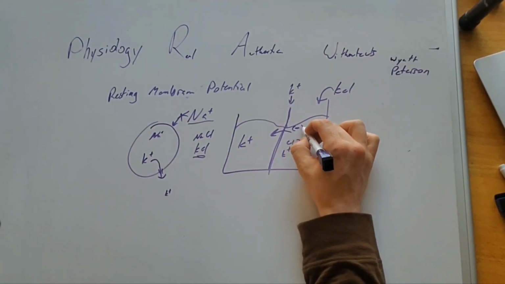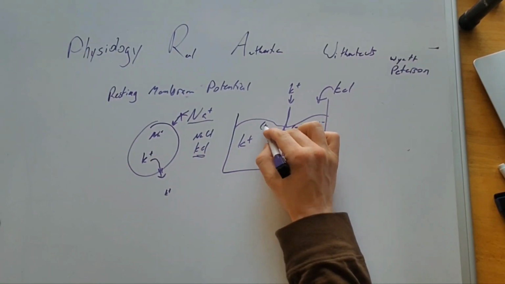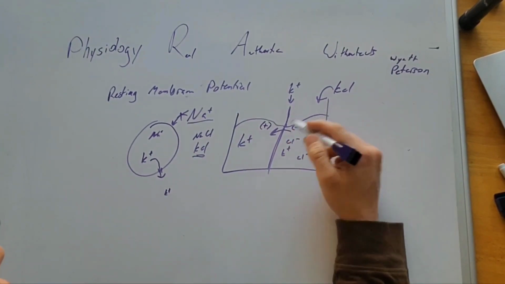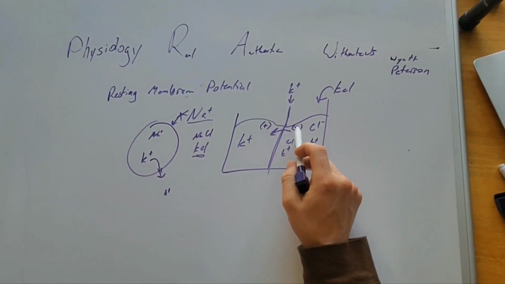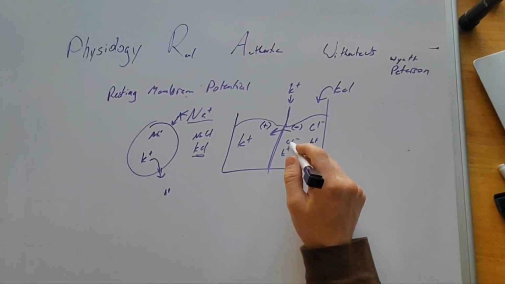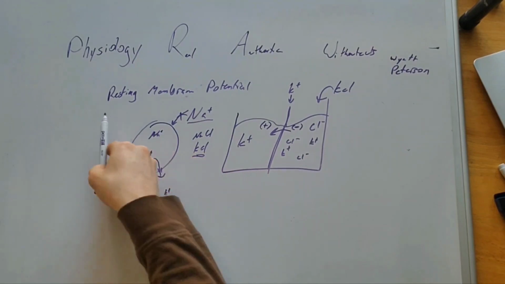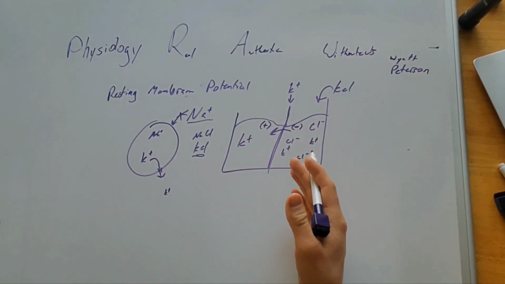So this will start developing a negative charge on this side, and a positive charge on this side. So as it goes down its chemical gradient, it'll develop an electrical gradient. And that's how a resting membrane potential is formed, because now there's a difference in charge on either side.